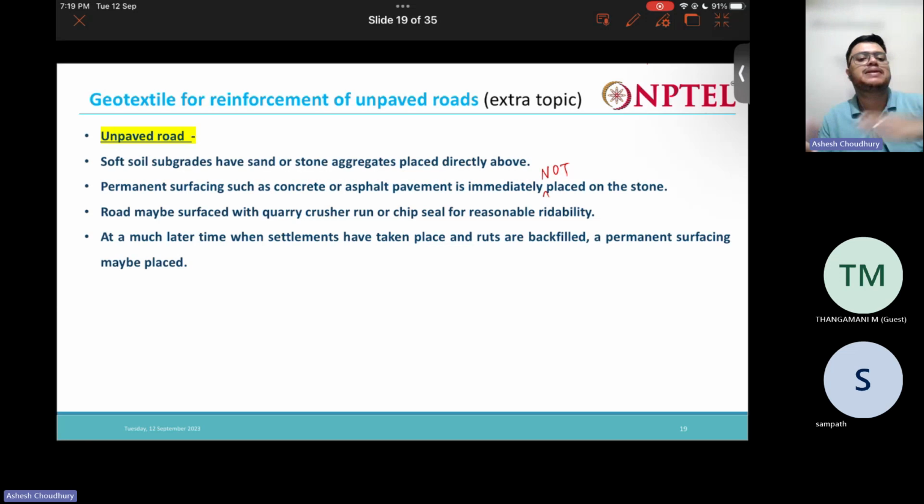We place crusher stone or chip to have a slightly smooth surface. At a later time, when settlements have taken place and the ruts that have occurred from the movement of vehicles have been backfilled, the permanent surfacing may be placed in the future. But in the present case, we have an unpaved road that has to be made serviceable. Let us see how geotextile and geogrid help in this reinforcement of unpaved roads.